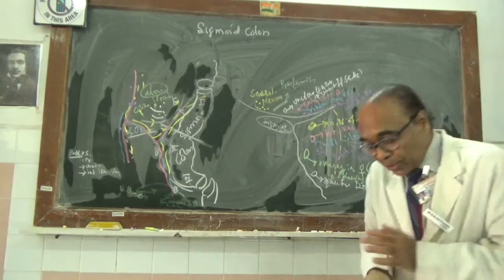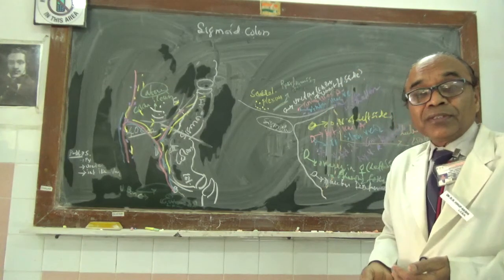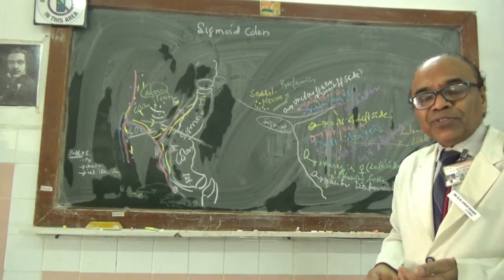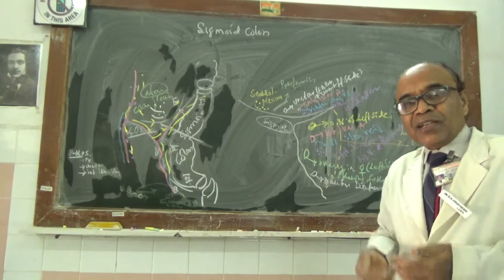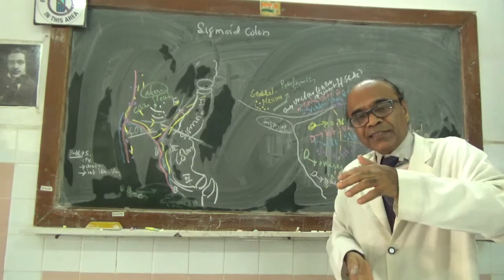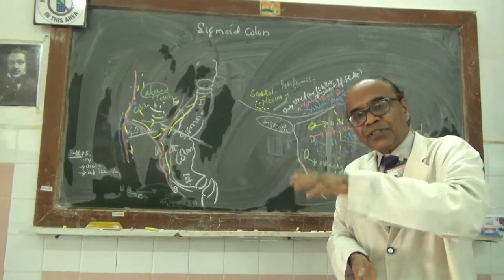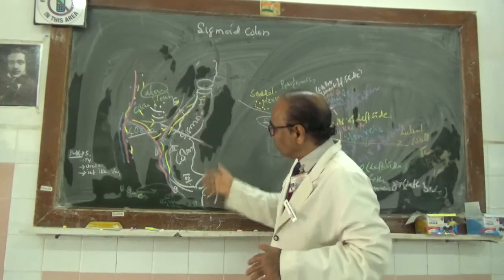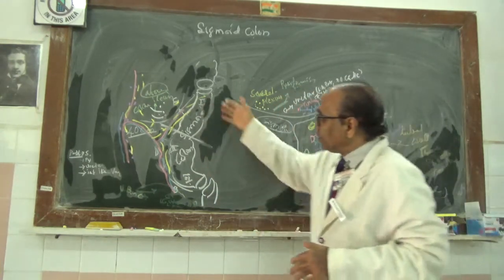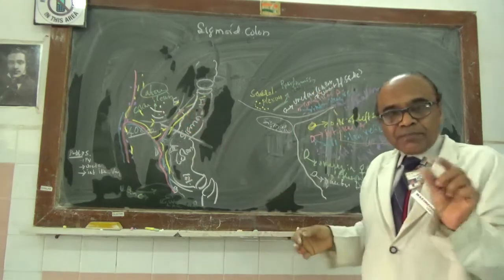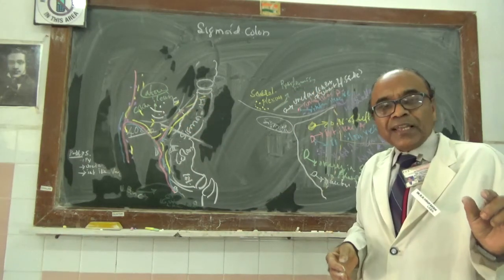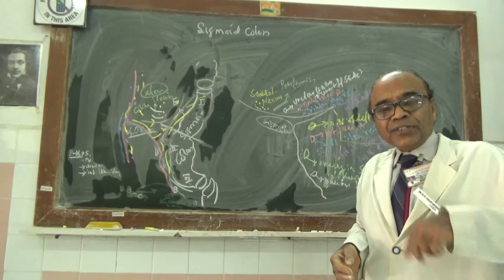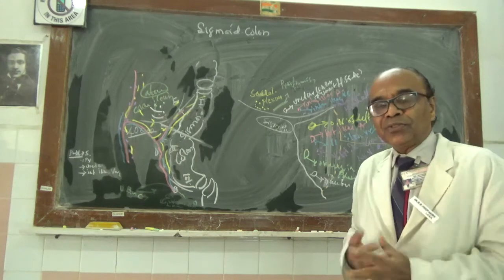Now you will have the parasympathetic coming from the right and left vagus. The left vagus will be in front, the right vagus will be behind. Then it runs all the way down and attaches to the pre- and post-ganglionic areas of the spinal, where it joins and gives rise to fine filaments.